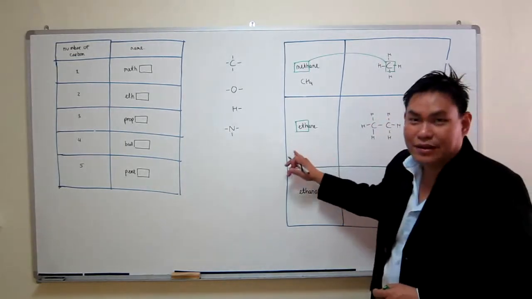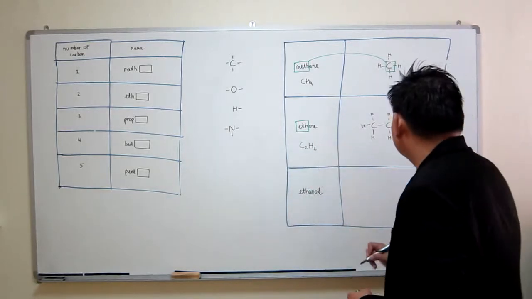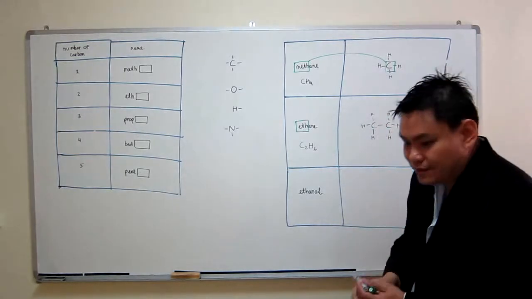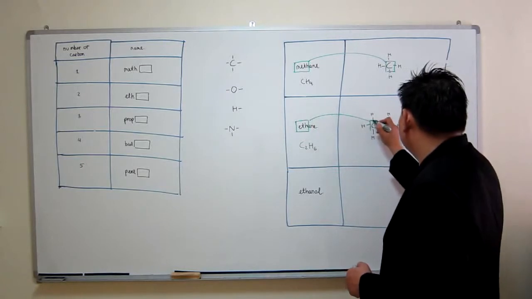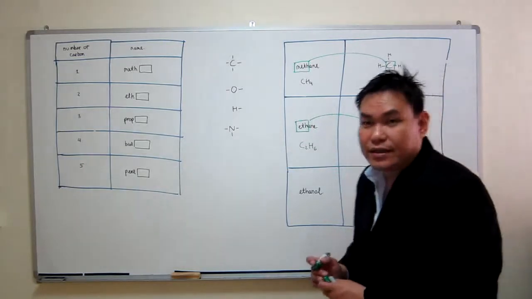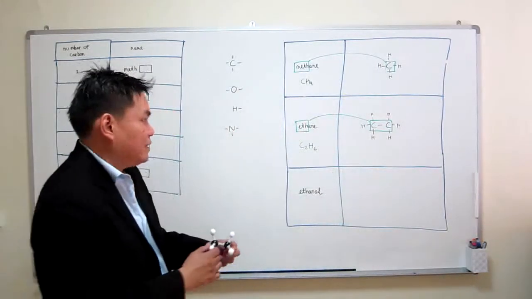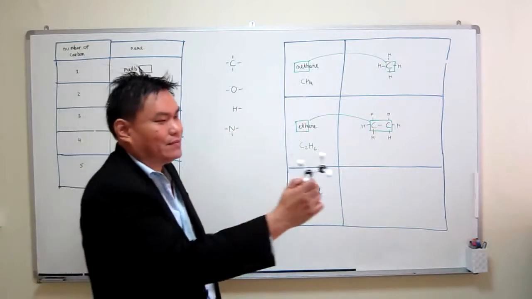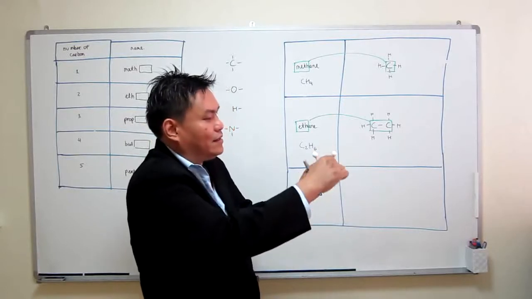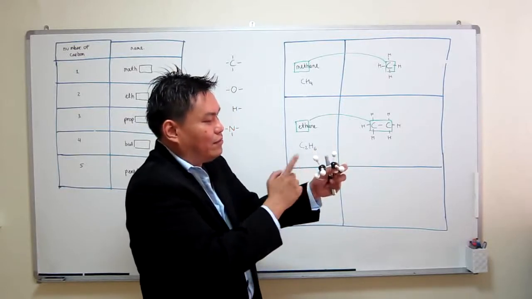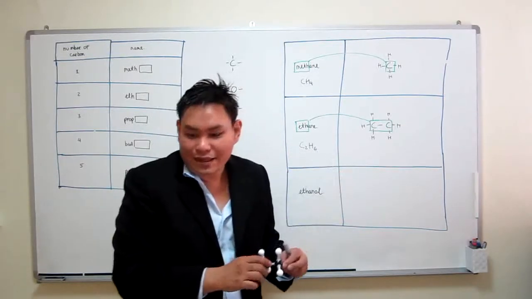The molecular formula of ethane will be C2H6, 2 carbon and 6 hydrogen. So the word eth means it contains 2 carbon. And in the Molymod model, 2 carbon are connected with each other, and you connect the white hydrogen spheres to the carbon. Very simple.